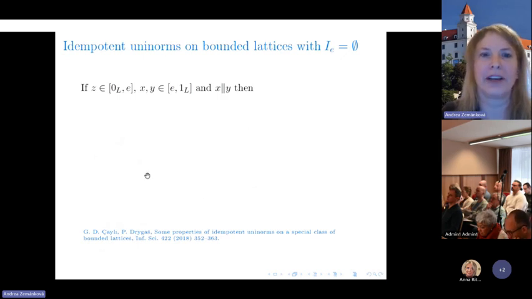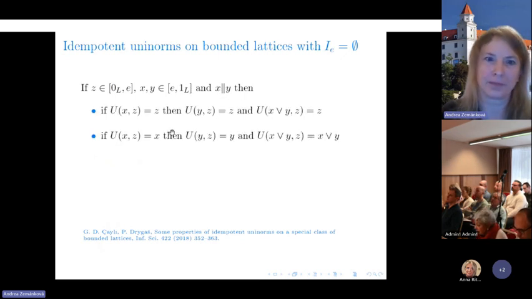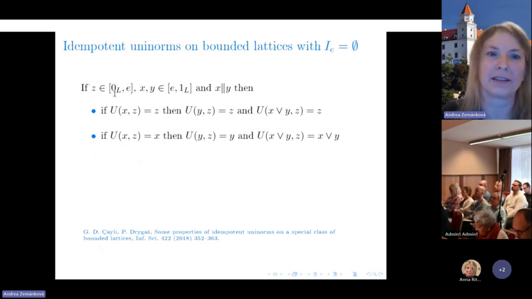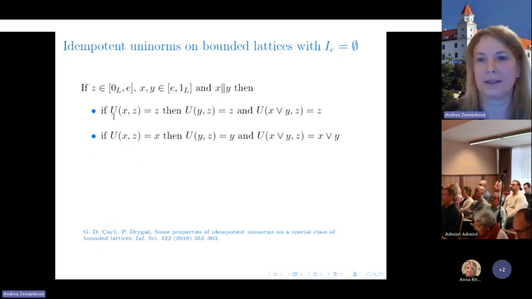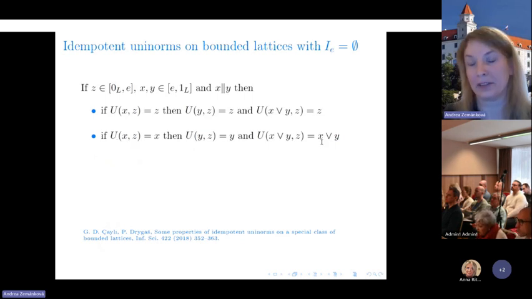From the paper of Kiselyak and Rak, we know that if two points, for example, in the upper part, are incomparable, then if we aggregate them with any value from the lower part, we have only two possibilities. Either all of these three aggregations, whether we take x or y or the aggregated value of x and y, are equal to the corresponding point from the lower interval, or all three of them are equal to the corresponding point from the upper interval.